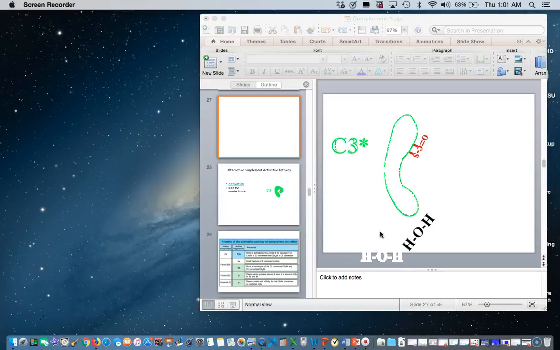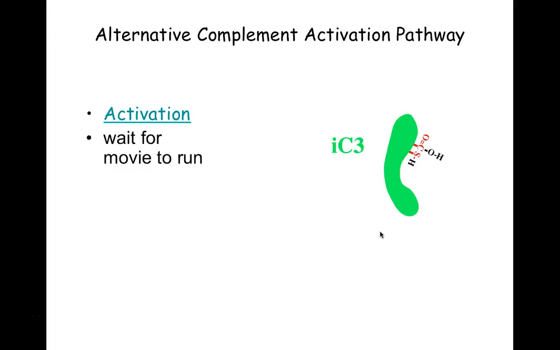This animation is illustrating how we're going to modify C3. The first thing that happens is we're going to generate from C3, in the presence of water, a complement component called iC3.